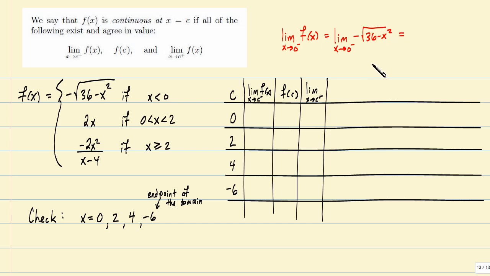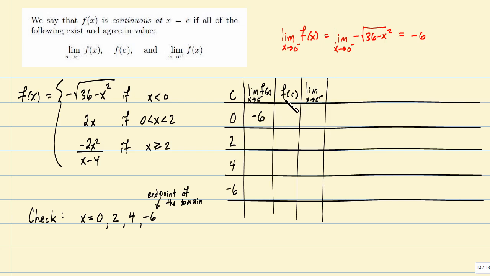Now, what is that? Well, a brief inspection of this expression and knowing the limit laws involved tells us that we can find the value of this limit just by plugging in 0 here, and we get negative square root of 36 minus 0, or -6. So let's put that in our table.